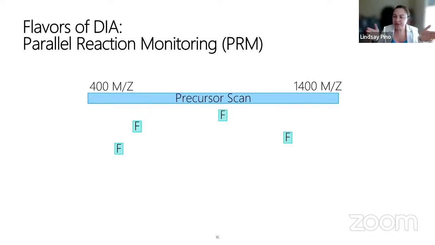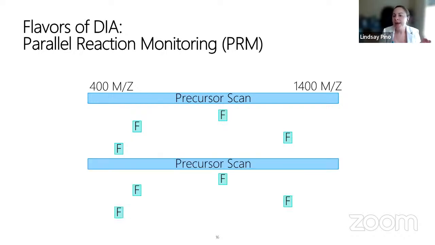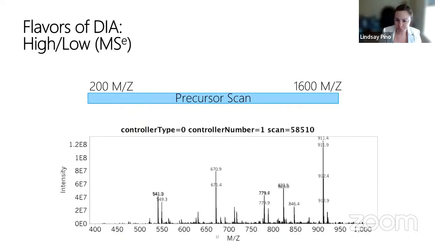You have your precursor scan, let's say from 400 to 1400 MZ, and then you program your mass spectrometer to collect just very specific fragment ion scans. Then you take another precursor scan, and your mass spectrometer collects those fragment ion scans again. So you're collecting the same fragment ion scans across multiple retention times so you can build that chromatogram.